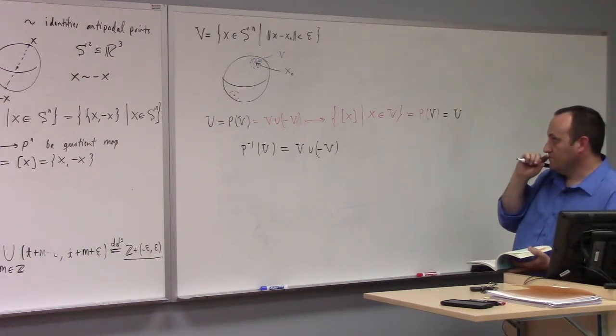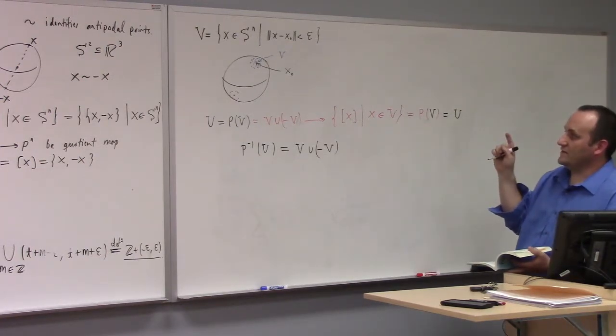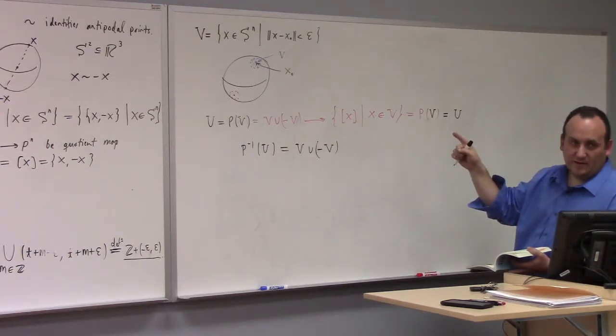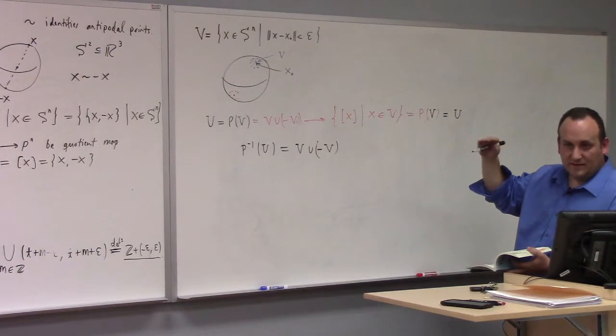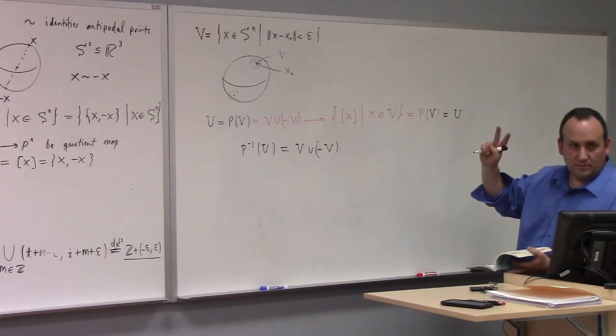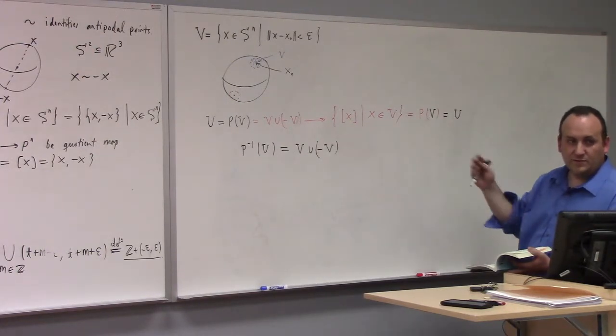What I'm trying to say is that we can pick a neighborhood of x naught small enough, right, so that it's evenly covered by how many slices? 2. So this is a so-called 2-to-1 covering map.